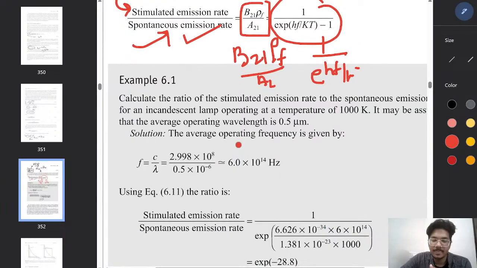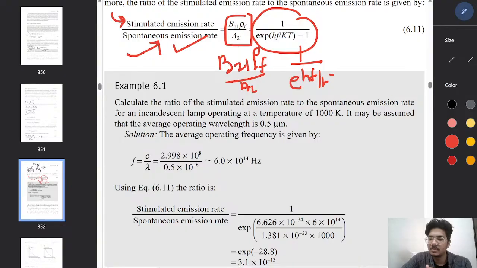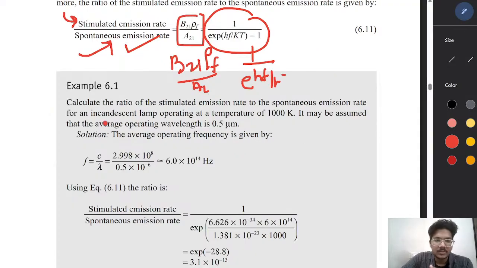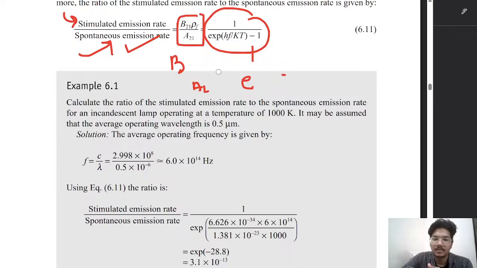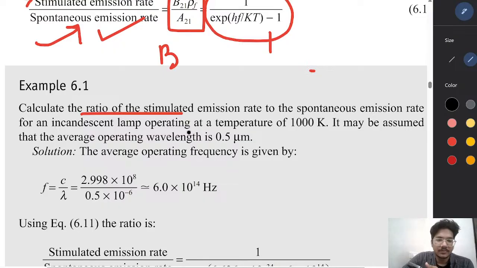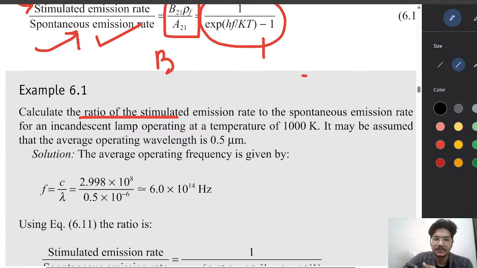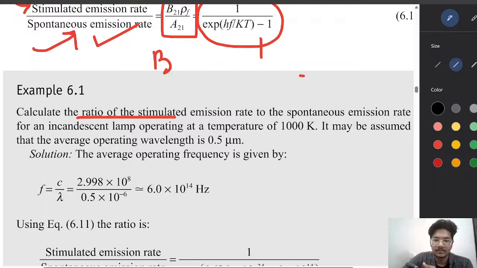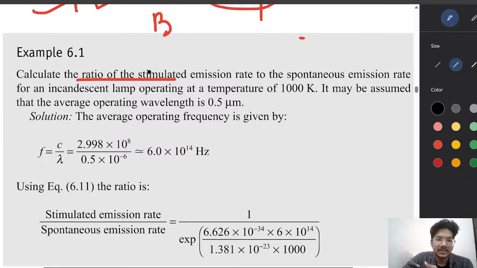Based on the question given, calculate the ratio of the stimulated emission rate to the spontaneous emission rate of an incandescent lamp.